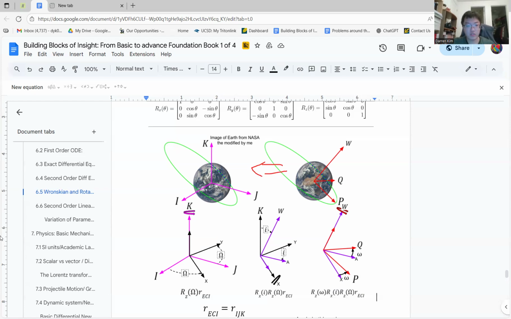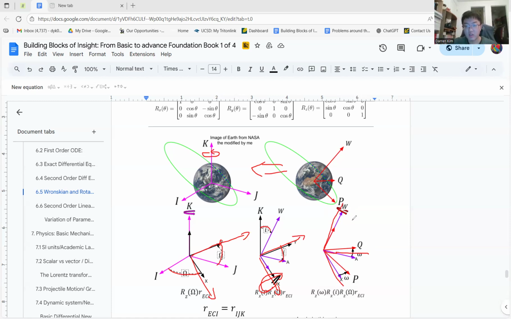Now, we'll start off with IJK and a rotation in the Z direction. The Z rotation gives you this big omega, which changes it to a new temporary frame. Then you rotate in the X direction over here, which will move over here. And finally, with this temporary frame, you move again in the Z direction.